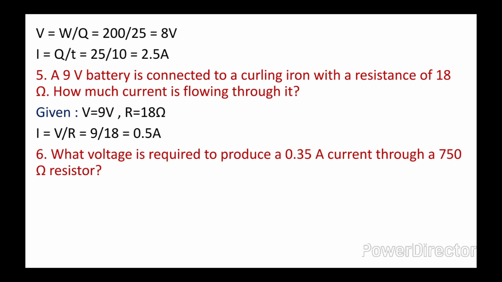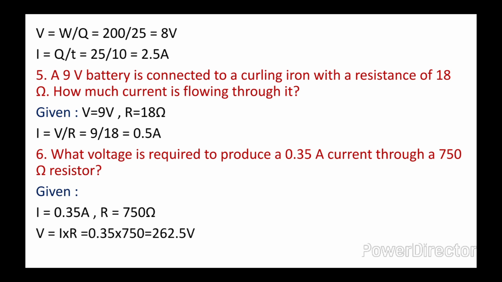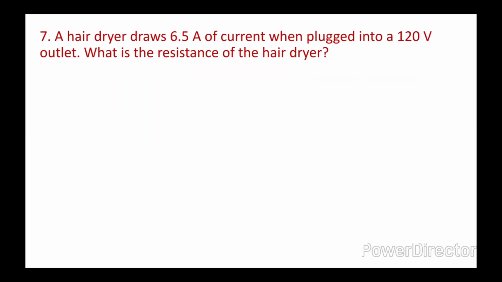Here you have to calculate voltage V. So the current is given to be 0.35 ampere, resistance is 750 ohm, and the formula to calculate voltage or potential difference is V equals I into R. So substituting the values, you will get 0.35 into 750, which is equal to 262.5 volt.